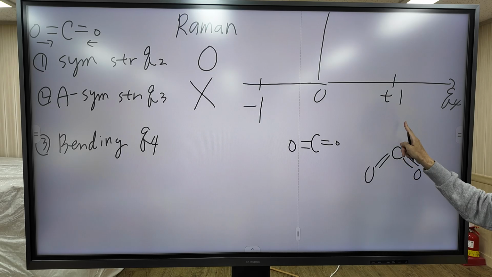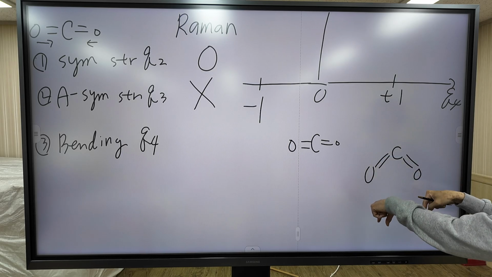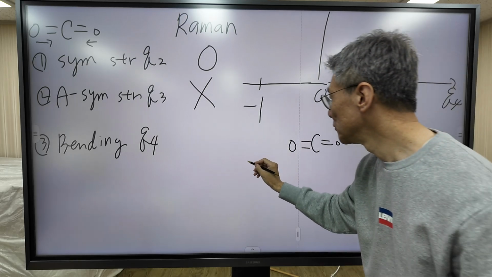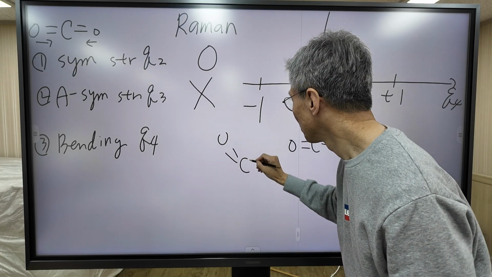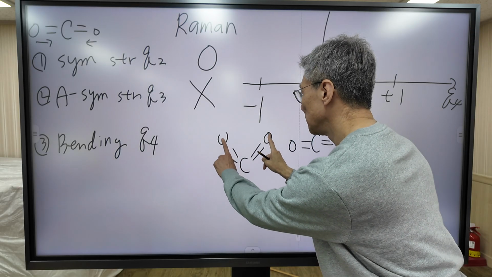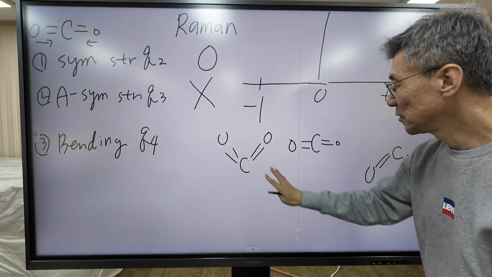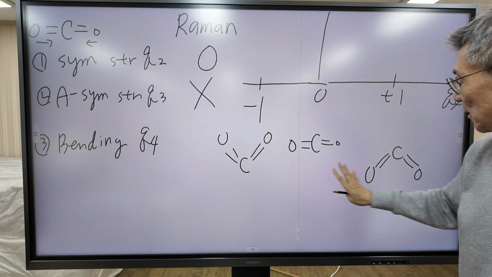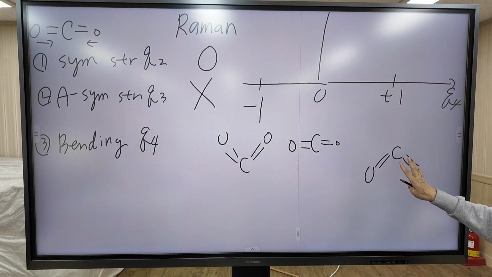The carbon atom moves upward, the oxygen atom moves downward. This is Q4 equals plus 1. When Q equals minus 1, the carbon atom moves downward, the oxygen atom moves upward. So this is the molecular shape where Q4 equals minus 1.